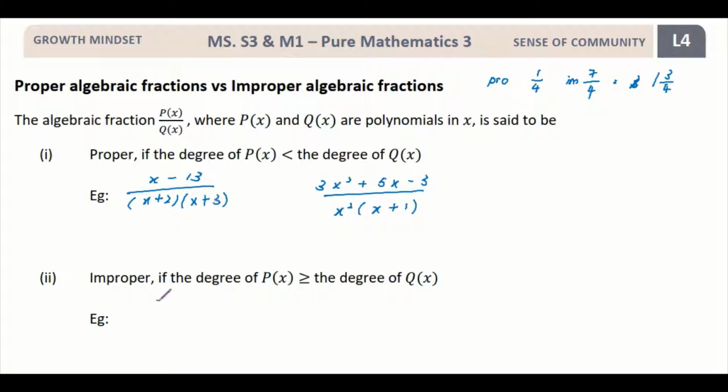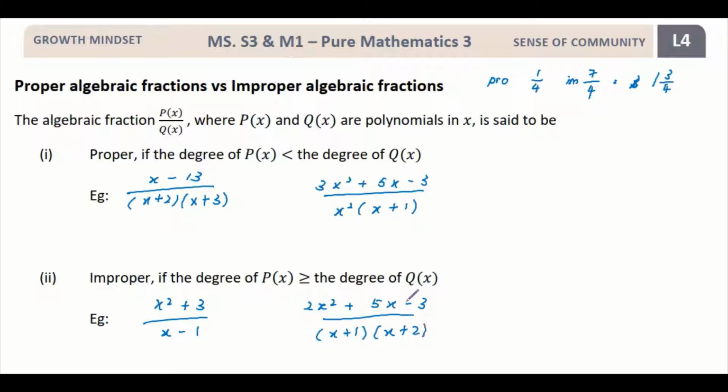For example, if you have x squared plus 3 divided by x minus 1, this one is improper because the degree of the numerator is 2 and the degree of the denominator is 1. The same thing if I have 2x squared plus 5x minus 3 divided by x plus 1, x plus 2.